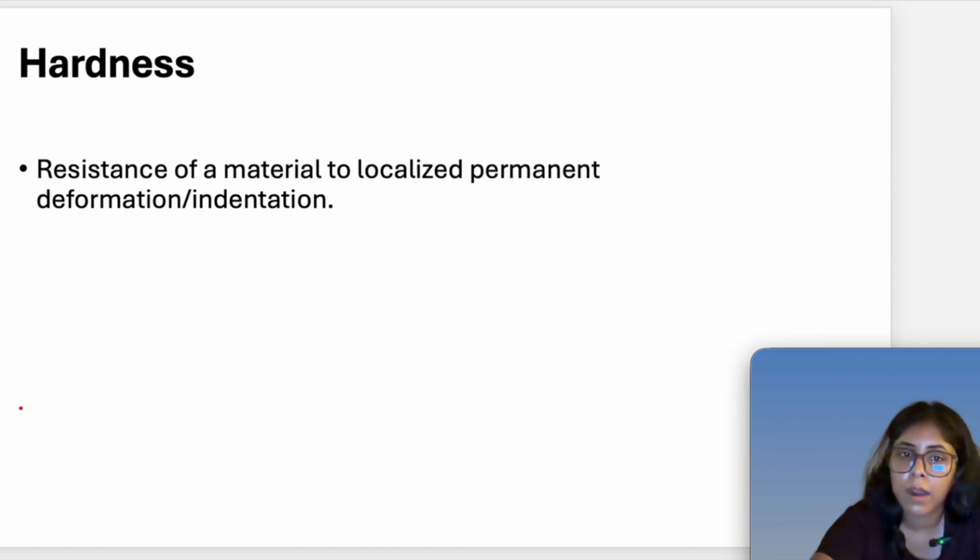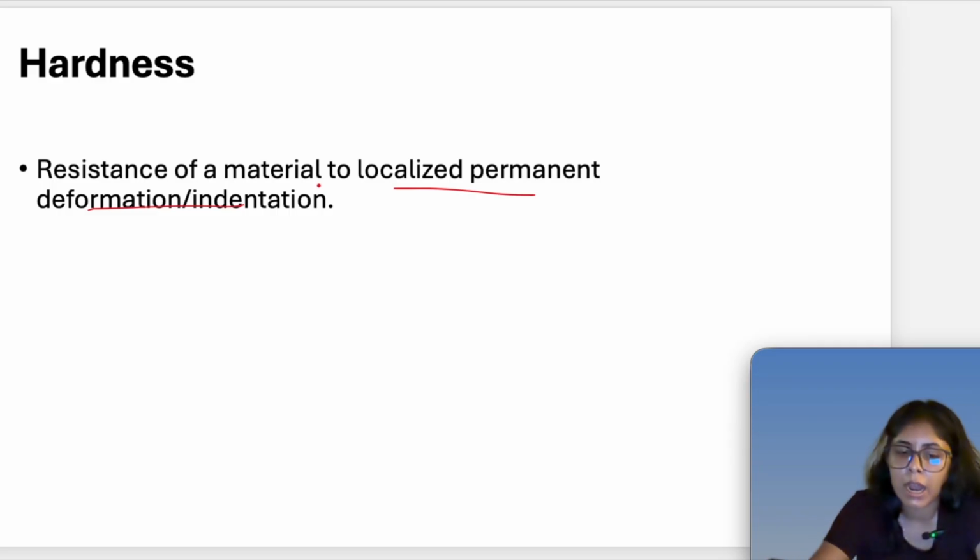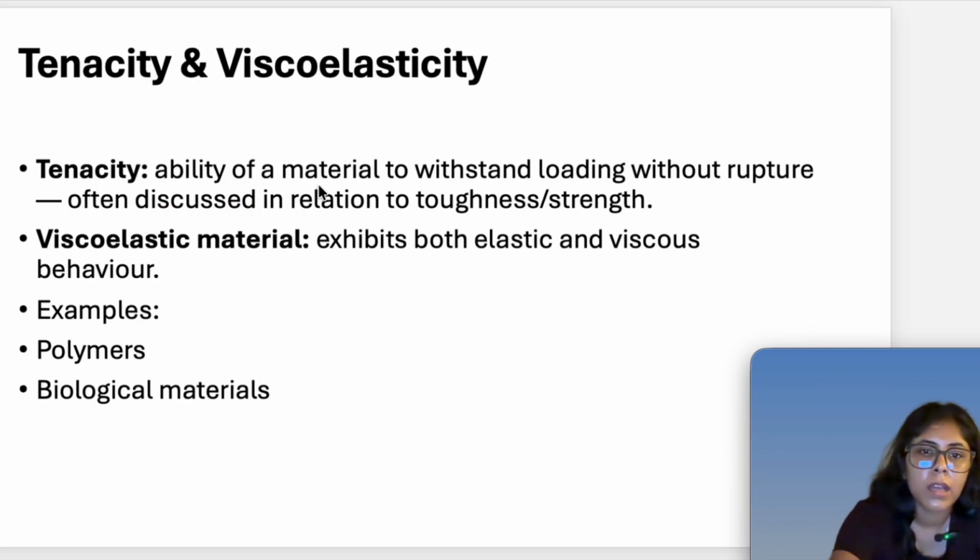Now, next we have hardness. Hardness is the resistance of a material to localized permanent deformation. Resistance to deformation is known as hardness, and this also you should know. And then we have tenacity and viscoelasticity. Tenacity is the ability of a material to withstand loading without rupture. Okay, often discussed in relation to toughness and strength.